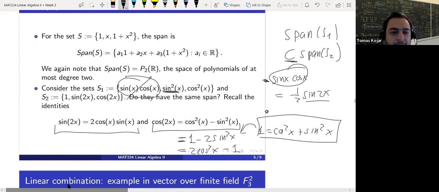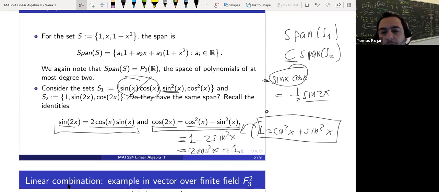I already have that sine of 2x is a linear combination of these, cosine 2x is a linear combination of these two guys, and the constant vector 1 is the summation of these two. So this is the easy one. That gives the reverse, span of S2 inside span of S1. So yes.